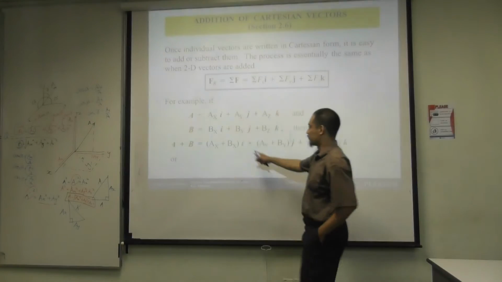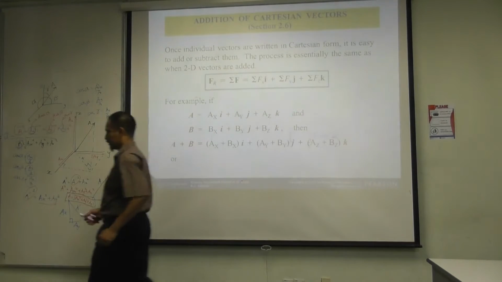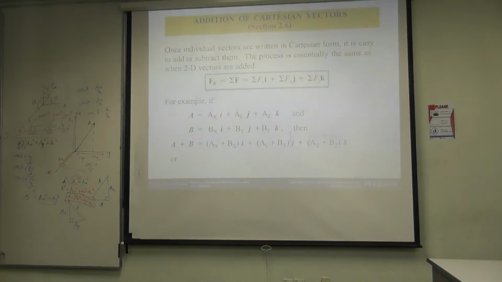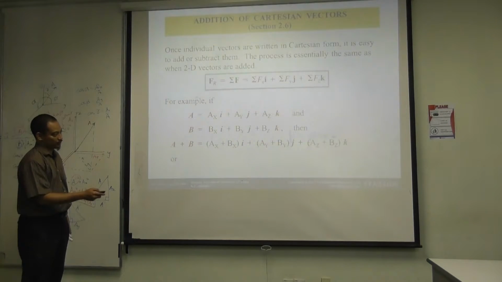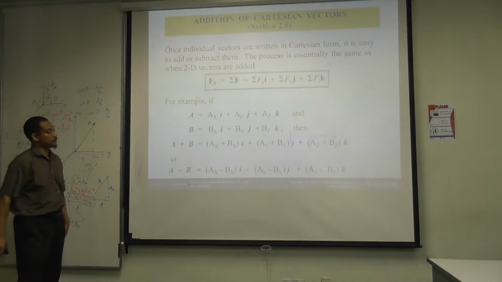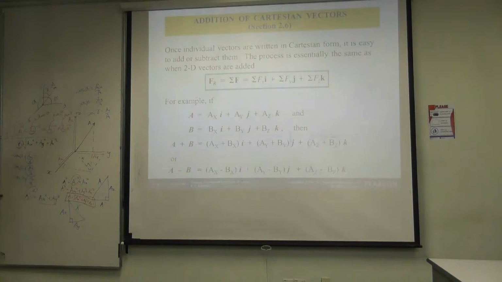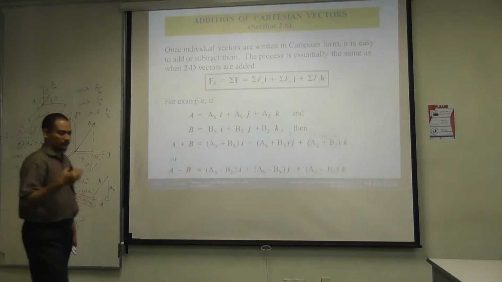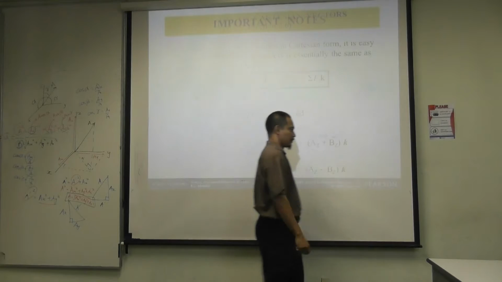So for example, if A is equal to AxI plus AyJ plus AzK, and B is as such, then for A plus B, just add the components, and for A minus B, just subtract the components, etc. As long as you can get the correct Cartesian vector form for each vector, you can just add and find the resultant, like what we have done in 2D also, right?